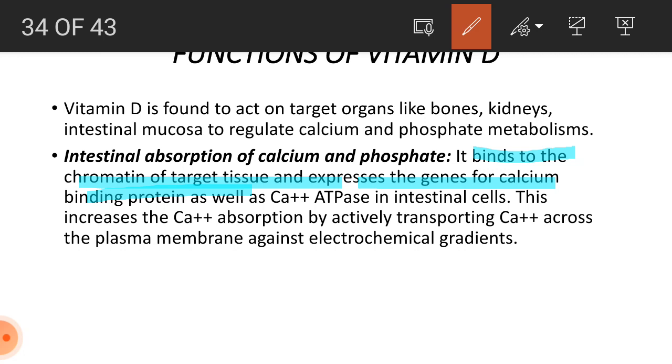This increases the calcium absorption by actively transporting calcium across the plasma membrane against the electrochemical gradient. So this is the one responsible for transporting calcium as well across the plasma membrane.